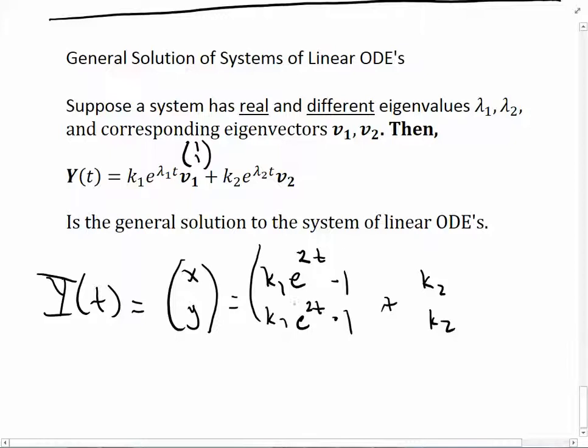These are two vectors here, plus k2 e to the lambda 2. Well, lambda 2 is 3, so that's 3t. And v2 is the vector that we chose to be 2, 1.